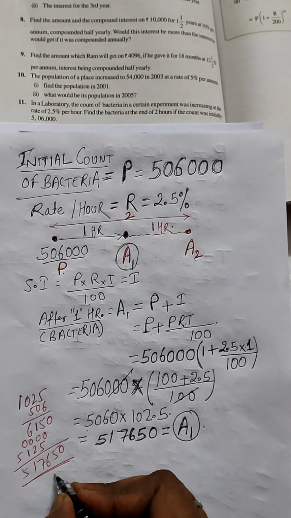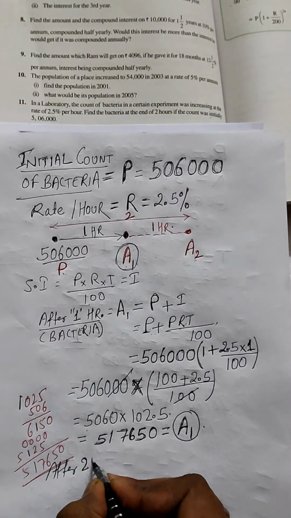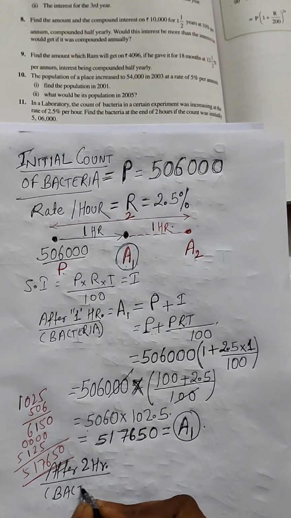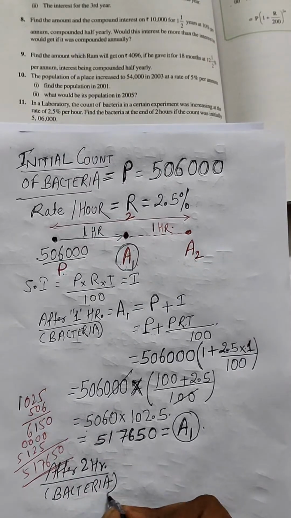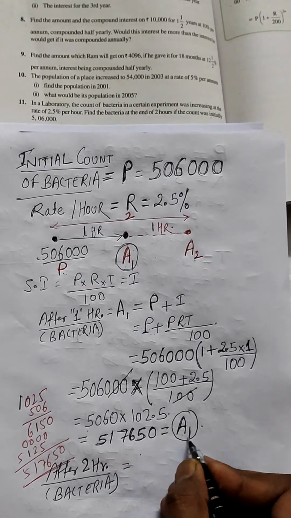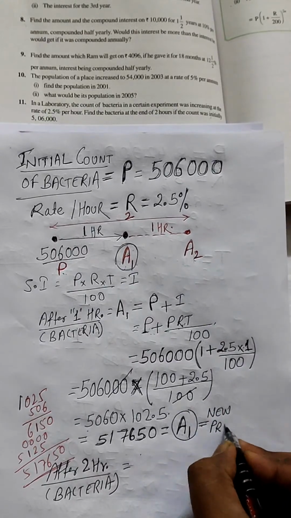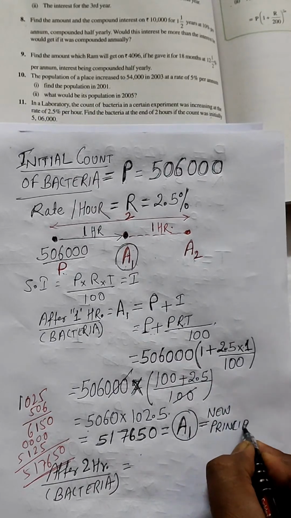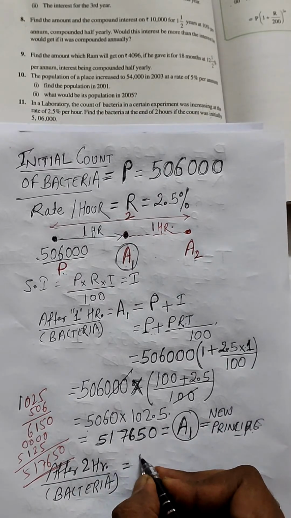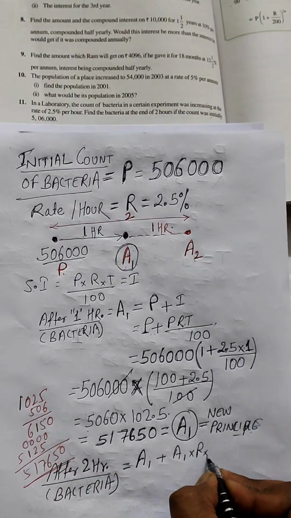Now this A1 will be acting as a principal for reaching A2. So the bacteria count after 2 hours, that means the additional 1 hour, will be equal to the new principal, that means A1, plus A1 into R into T by 100.